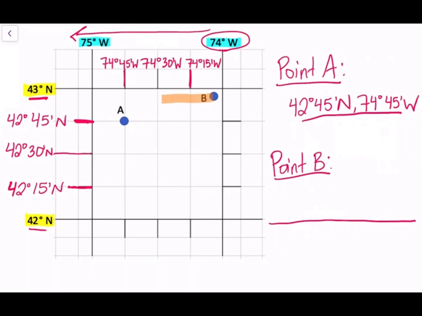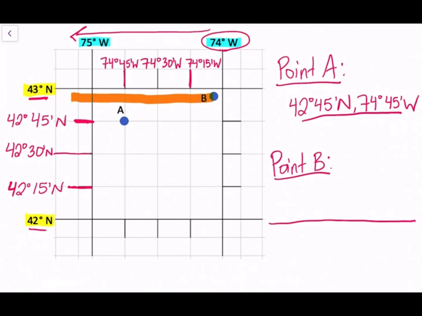B, the latitude goes across, and it hits about, I don't know, it's not quite 43. It's not right on the 43 line. It's a little bit below it. So it's somewhere in between 45 minutes and 60 minutes. It's definitely closer to 60 minutes than it is to 45.